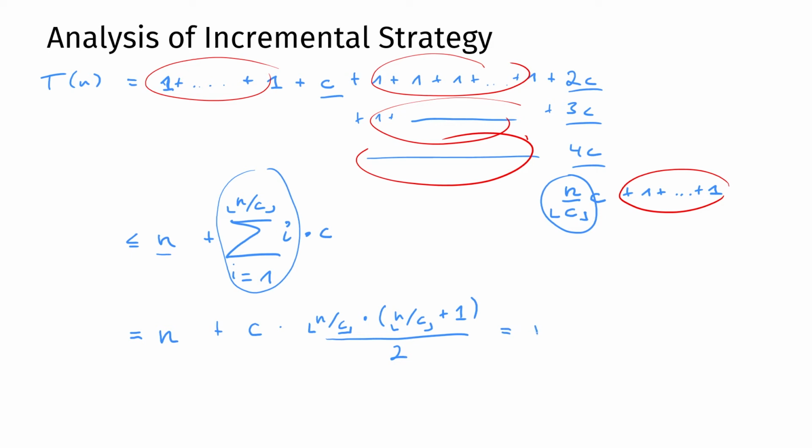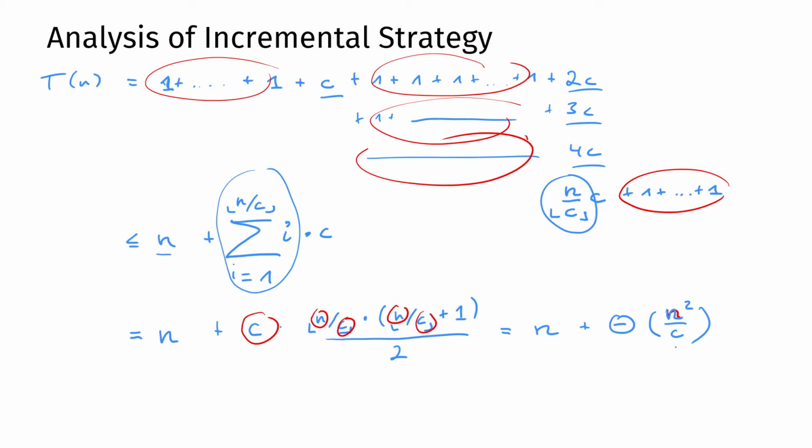We have n plus, and let me write this as order. There's an n here, there's an n here, so that's an n squared. And then there's a c here, in the denominator. So overall that's divided by c and some constants.